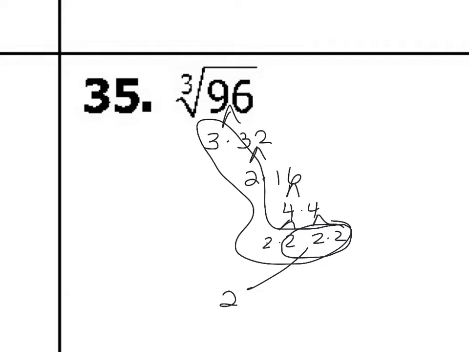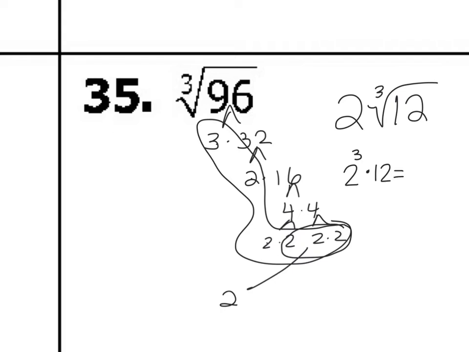So all of this stuff can't go in, so I'll go multiply. 3 times 2 is 6, and times 2 is 12. So 12 stays in the house, index is 3, and I only had a 2 that come out. So we'll check our answer. 2 to the 3rd power times 12 equals 8 times 12, which equals 96. So we're good.